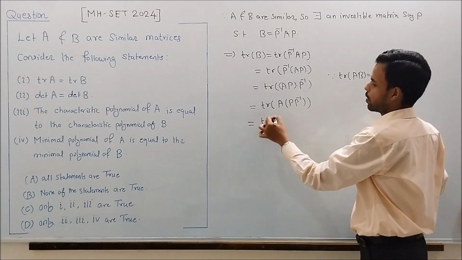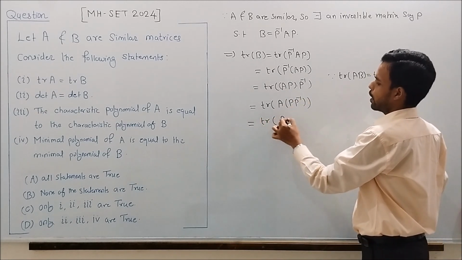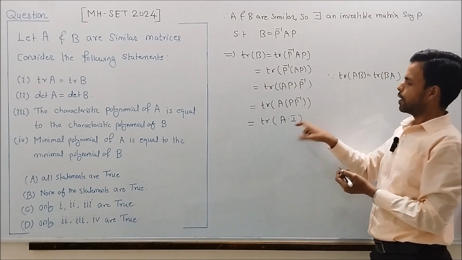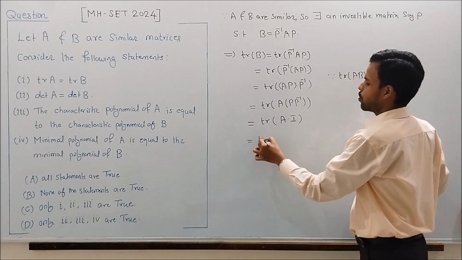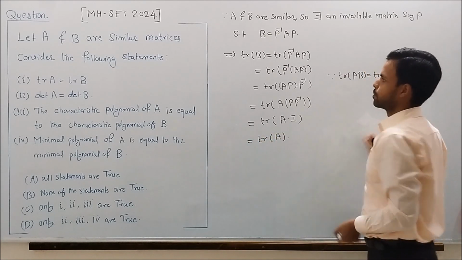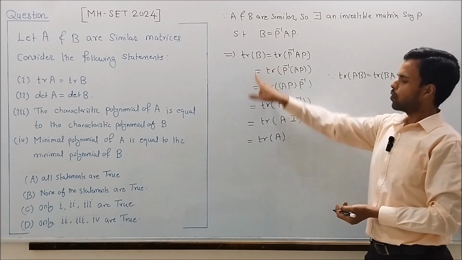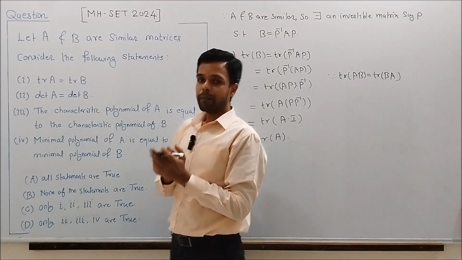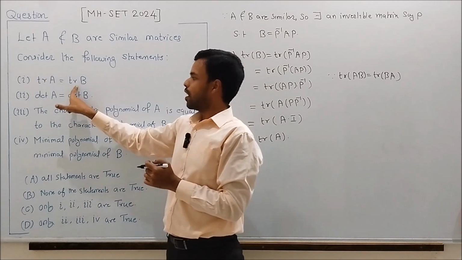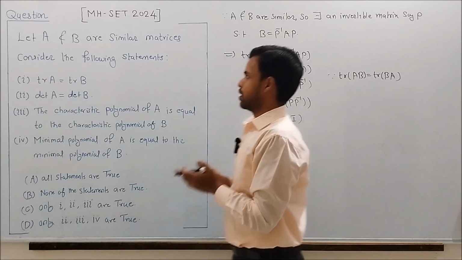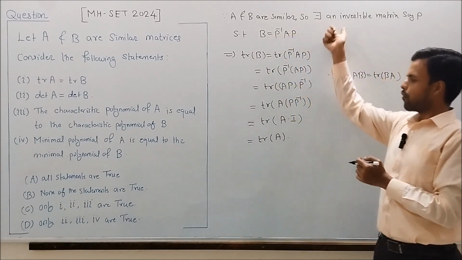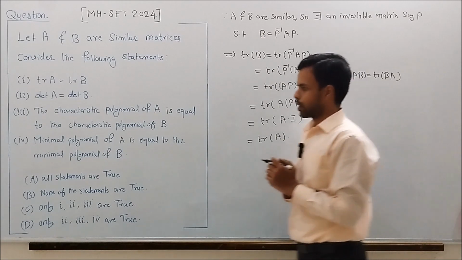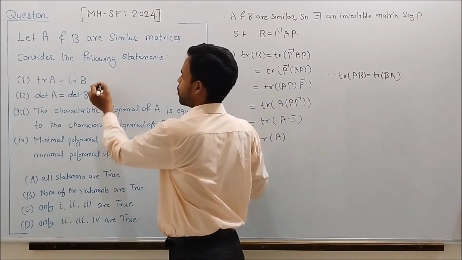And this is nothing but trace of A times I, since P times P inverse is the identity matrix, which is equal to trace of A. Thus, we have proved that trace of B is equal to trace of A. So if A and B are similar matrices, then their traces are the same. So statement 1 is a true statement.